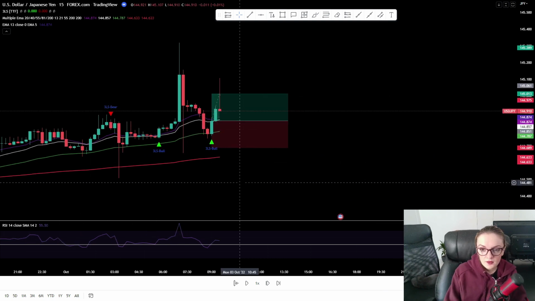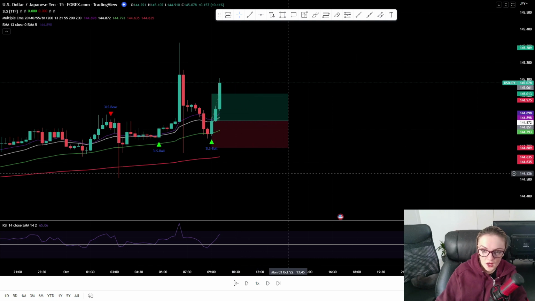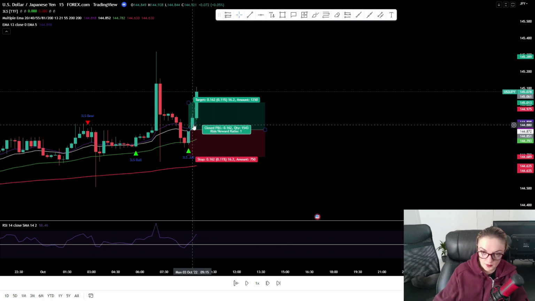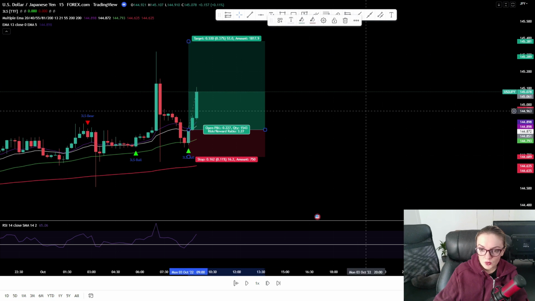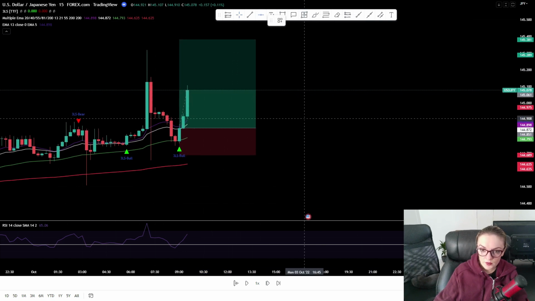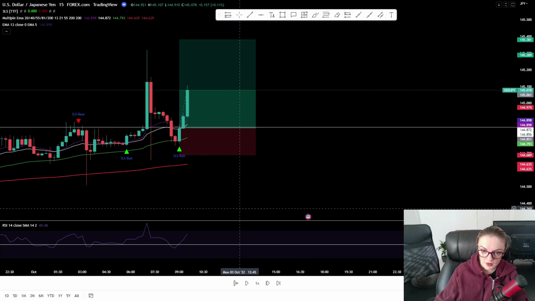Okay, and for the target, as I mentioned in the previous video, I am not using a fixed target. I am trailing my positions using the 21 EMA, so no target here, and we can already move our stop loss somewhere around the break-even level.